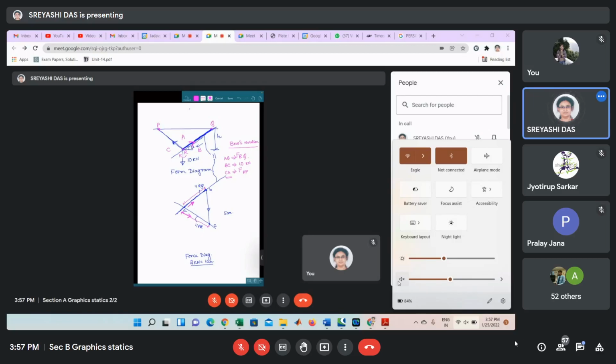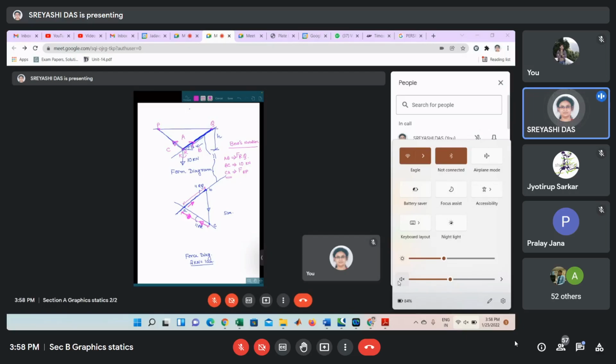If we measure the distance C to A, the arrow comes like this, C to A. We have to see the space diagram and force diagram simultaneously to get the direction and magnitude of the forces.